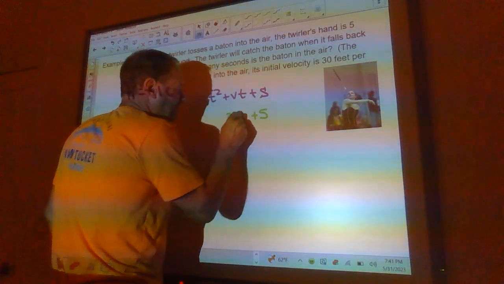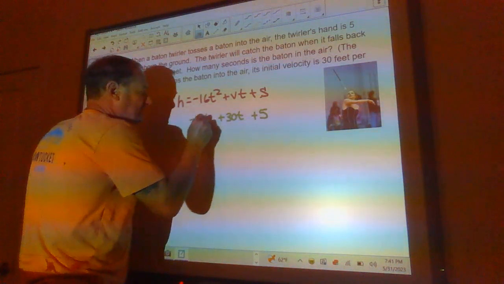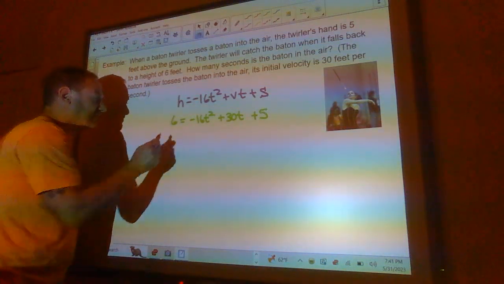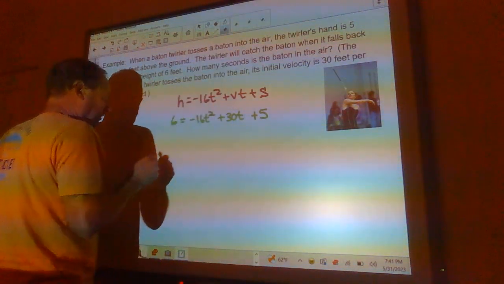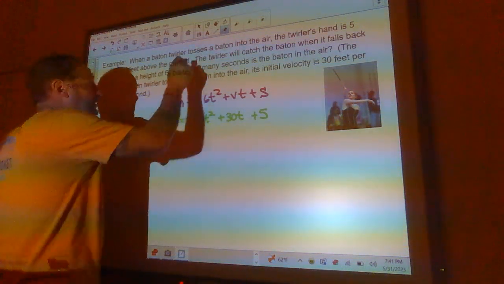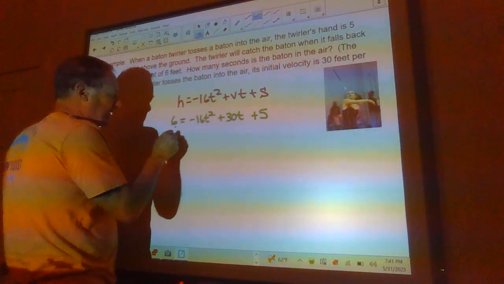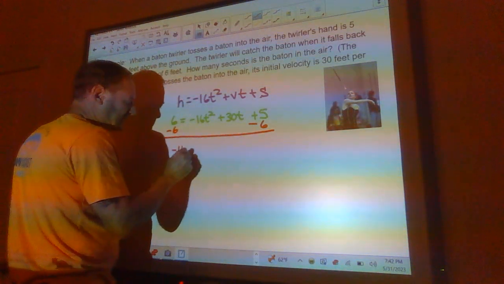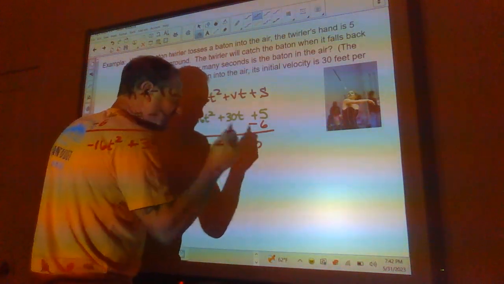So this is going to be 30t, minus 16t squared. And we want to catch it at the height of 6 feet. So here we go. We're going to move this over here. So this is in standard form. So negative 16t squared plus 30t minus 1 is 0.